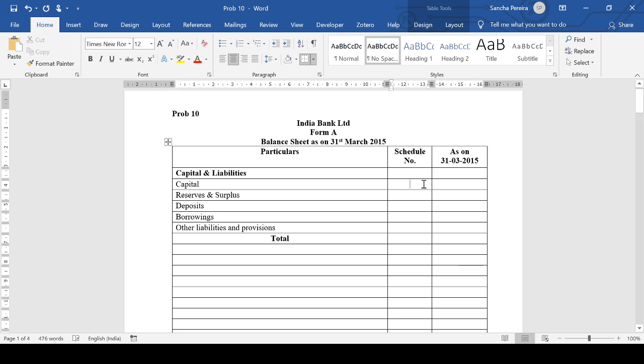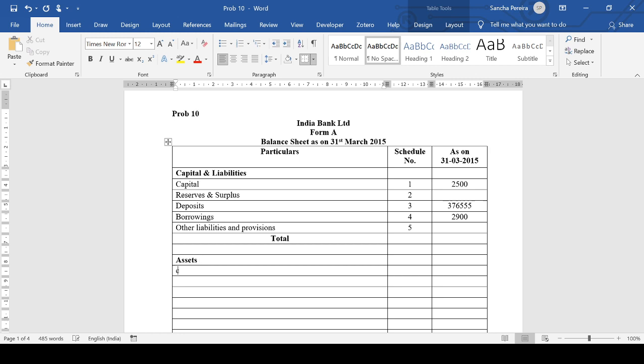This is 1, 2, 3, 4, 5. We know some of these, so we'll write the ones that we know. We know capital, which is 25. Reserves and surplus we don't know yet. Then we know deposits 3,76555. We also know borrowings, which is 29,900. Other liabilities and provisions, we don't know this yet. So we need to wait till we get a provision for taxation.